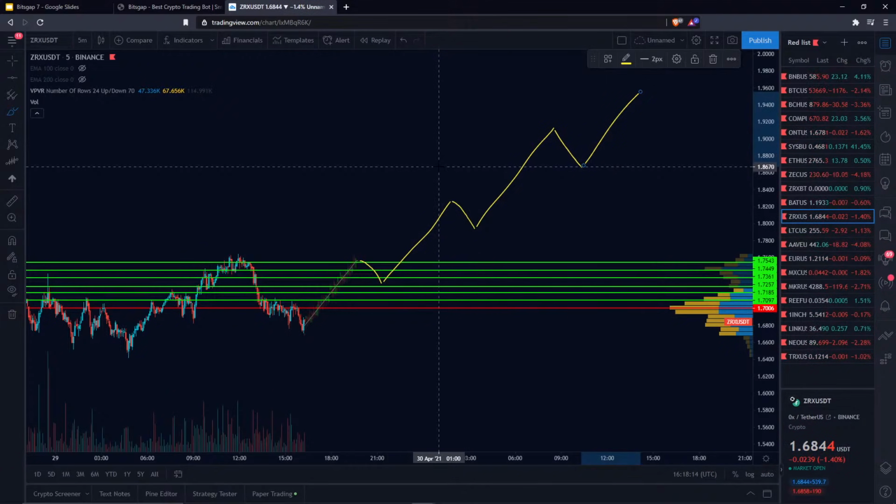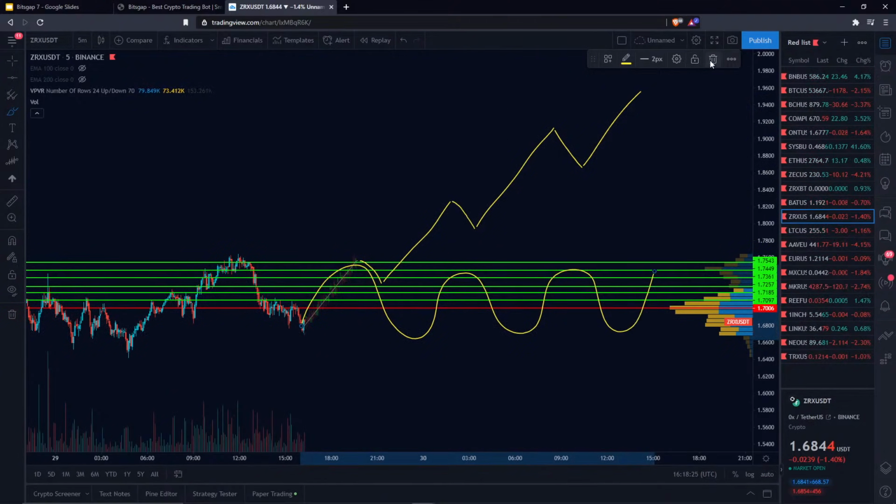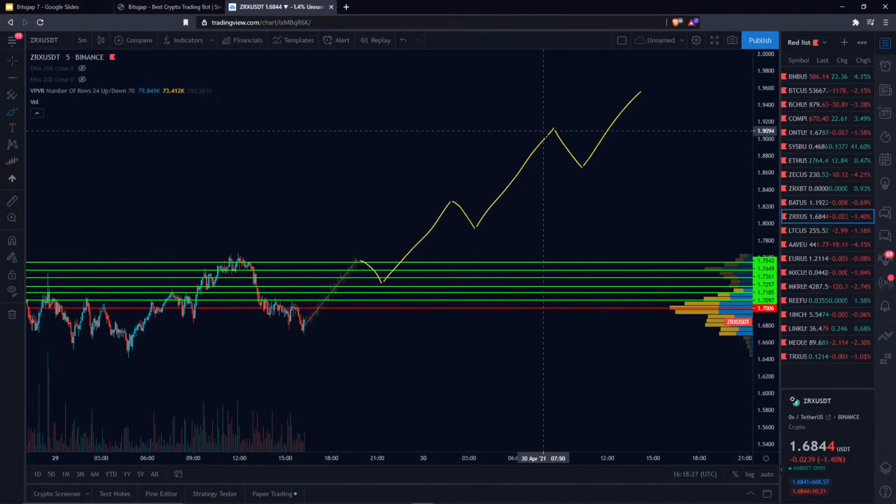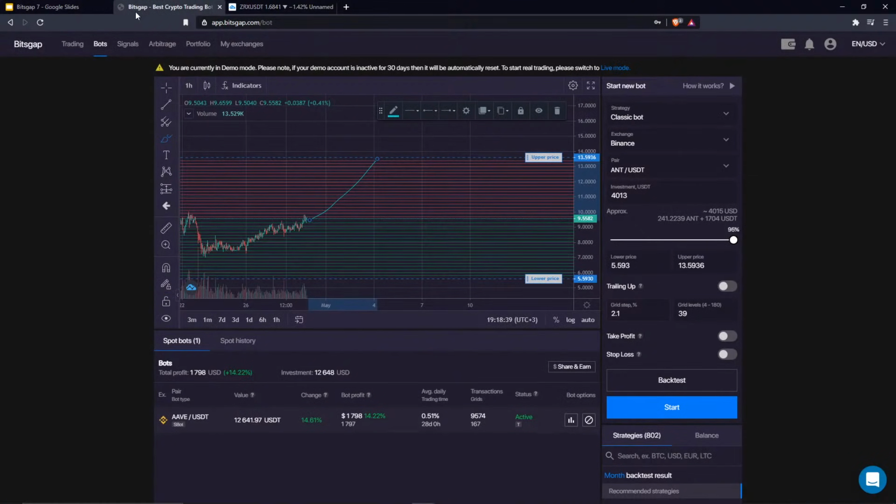This is something that only the classic bot can achieve. That's not the case for the SBot, because SBot once again is perfect for the sideways market, whereas the classic bot, as it increases the market exposure as the price appreciates, brings you more returns on the rally. So once again, the classic bot is for the rising market and the SBot is for the sideways market.